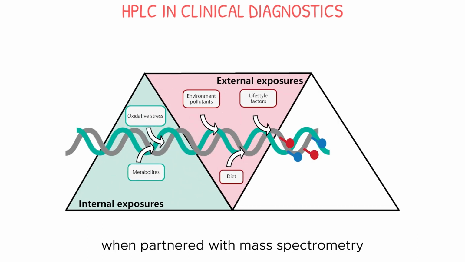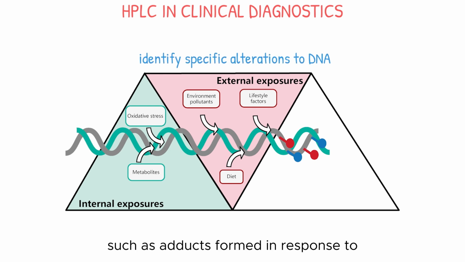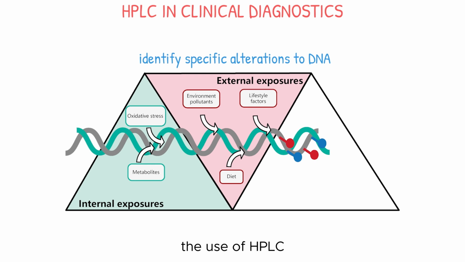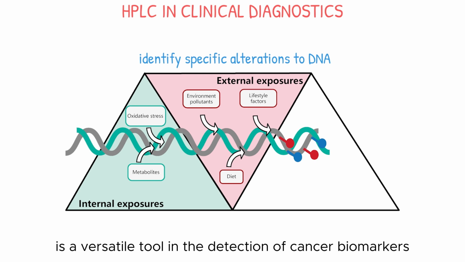HPLC, when partnered with mass spectrometry, can also identify specific alterations to DNA, such as adducts formed in response to exposure to carcinogens.